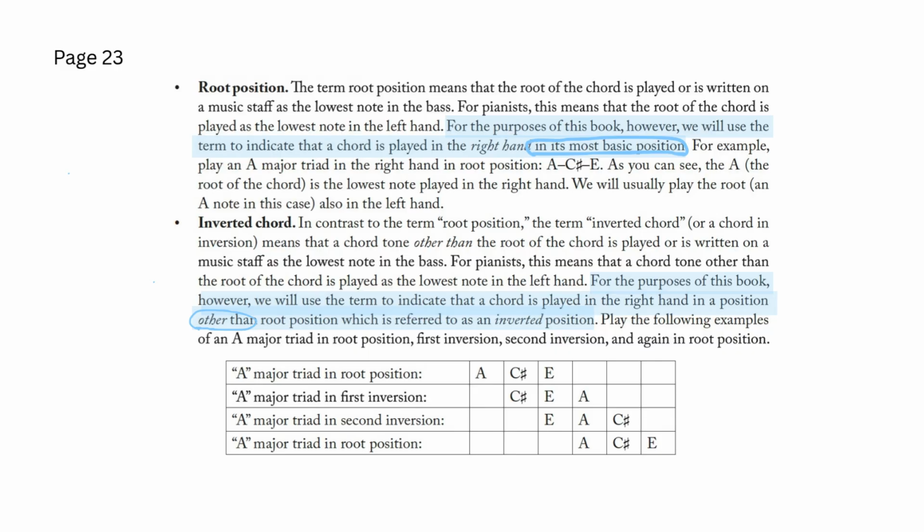For the purposes of this book, we will use the term root position to indicate that a chord is played in the right hand in its most basic position. For example, play an A major triad in the right hand in root position. A with your right thumb, C sharp with your middle finger, and E with your little finger.